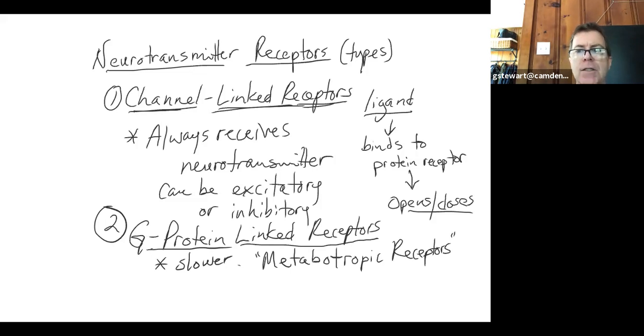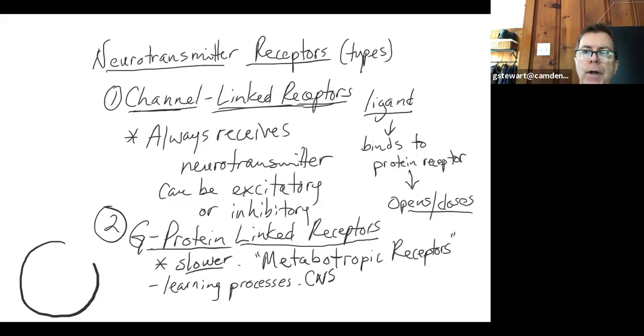These are used in some learning processes in the central nervous system. So when you learn how to do a new task, it's a slow process, so they're slower. We use them in what we call learning processes in the central nervous system. Basically, I'm going to draw out what a G protein linked receptor means.